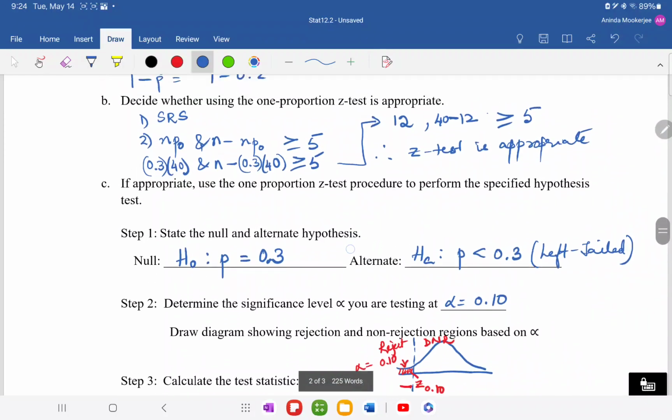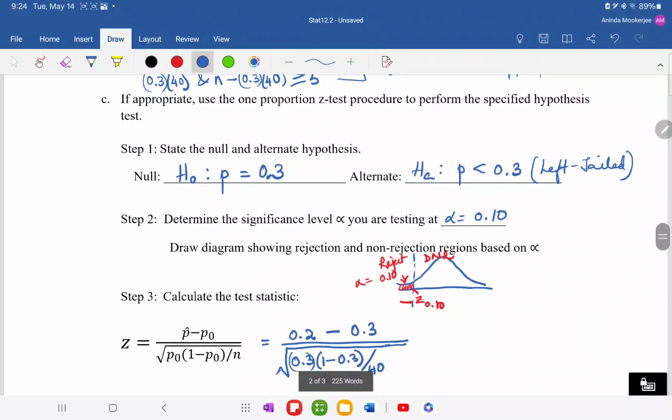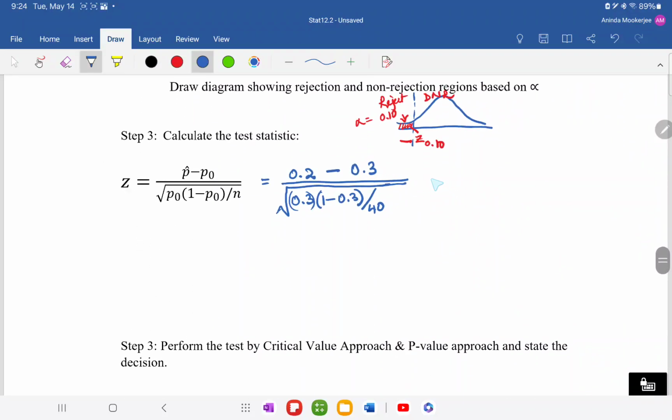Isn't n 40 given to us? Yes, n is 40. So in the numerator we have 0.2 minus 0.3, which is negative 0.1.